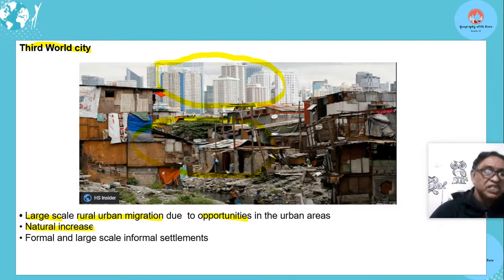So we find the natural increase is high, and we find formal and large scale informal settlements. You can see it here, large formal and then informal settlements, all in one. This is a general picture of a third world city.